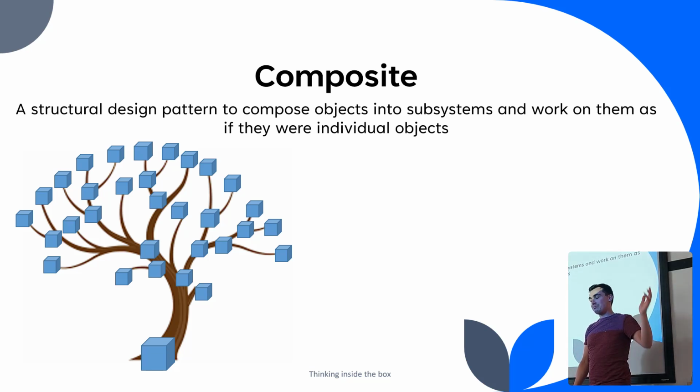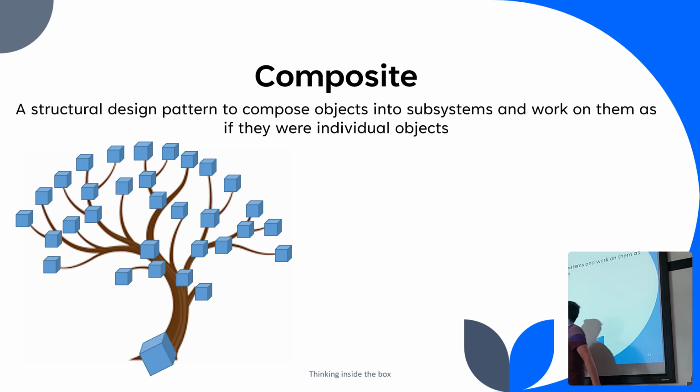So we can have this object made up of all of those objects in the tree. This object here is just made up of those objects. And this object is just made up of itself.